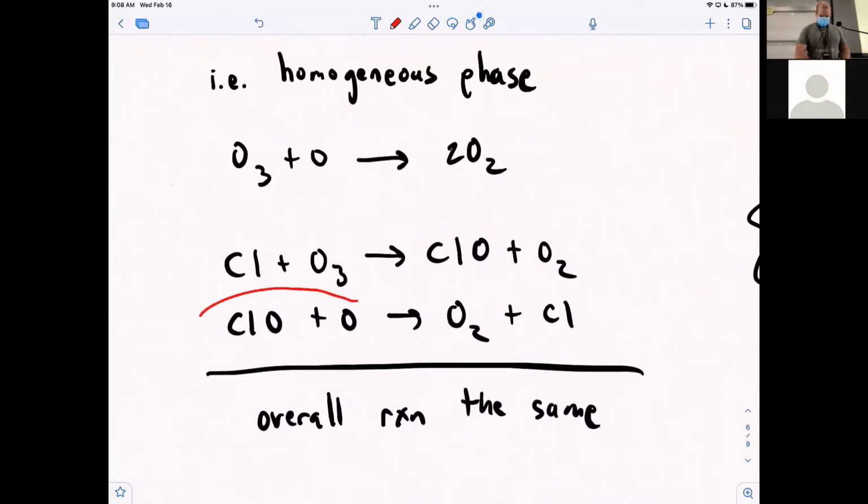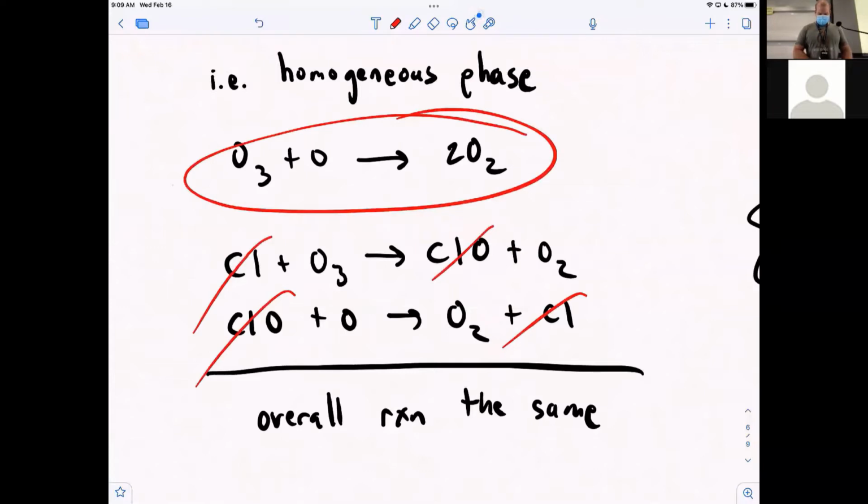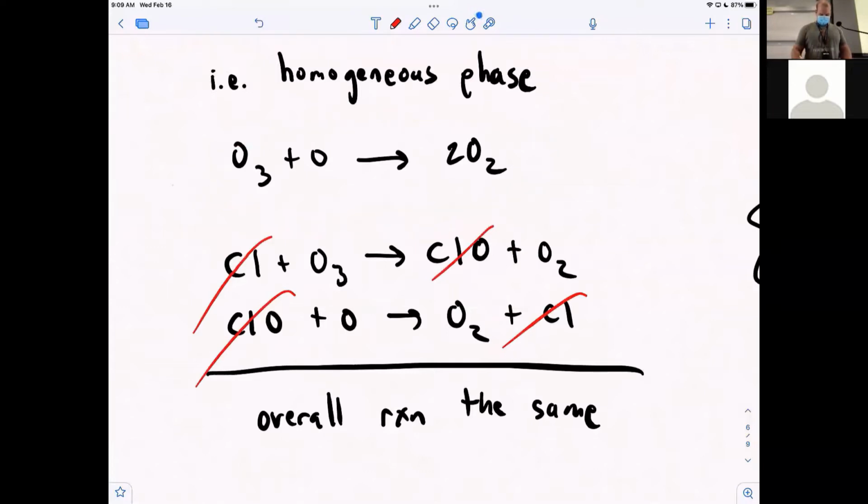Chlorine monoxide can react with an oxygen radical to form oxygen, and then the chlorine radical pops back off. If you look at the overall reaction, this cancels and this cancels, and you have O3 plus O makes two O2, exactly right there.